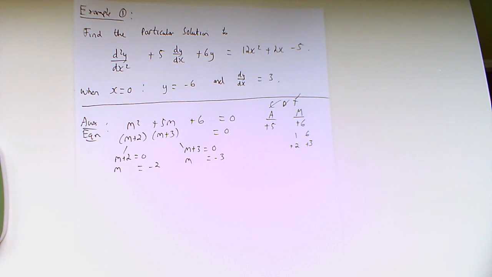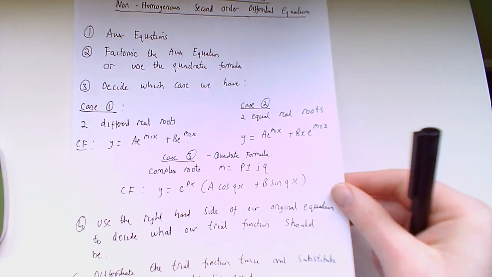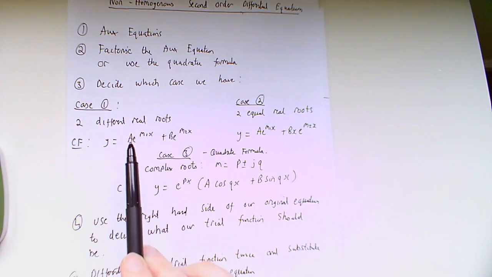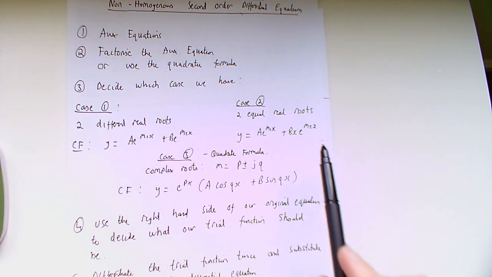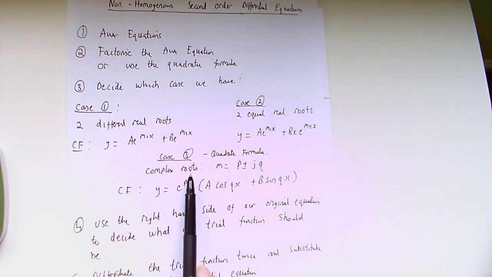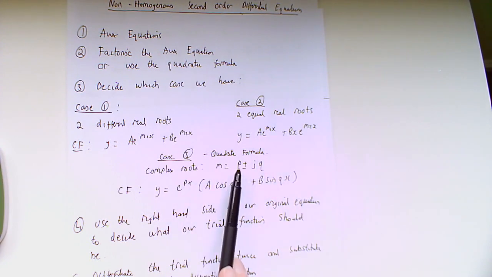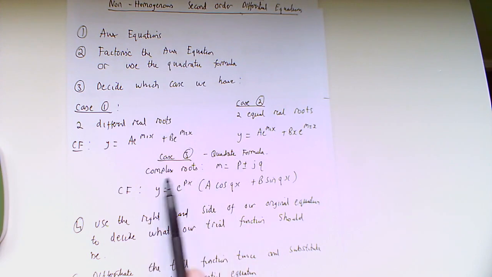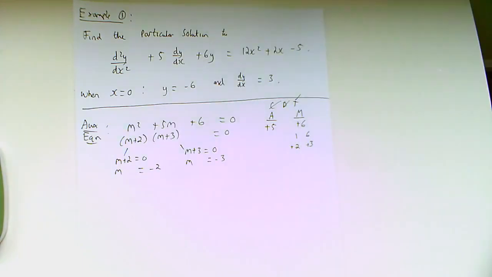Okay, so now I've got to decide which case do I have. So if I go back to my 3 cases, which I've written down here. Case 1 is 2 different real roots. Case 2, 2 roots that are the same, so the same number twice. Case 3 is when we've got complex roots, which we'd find if I'd used the quadratic formula. So no, it's not case 3. Case 2, it's not that because the numbers are both different. I've got negative 2 and negative 3.